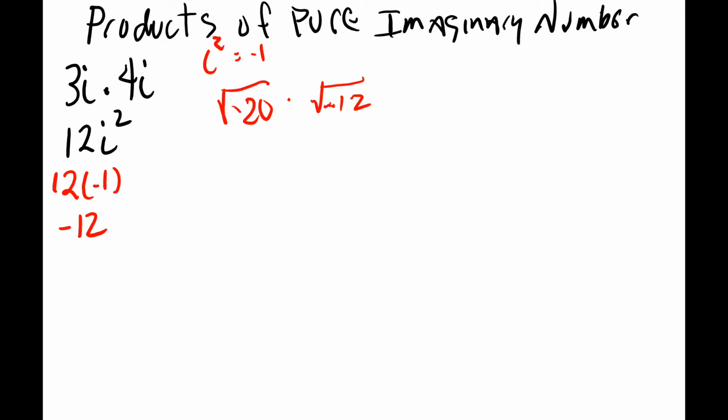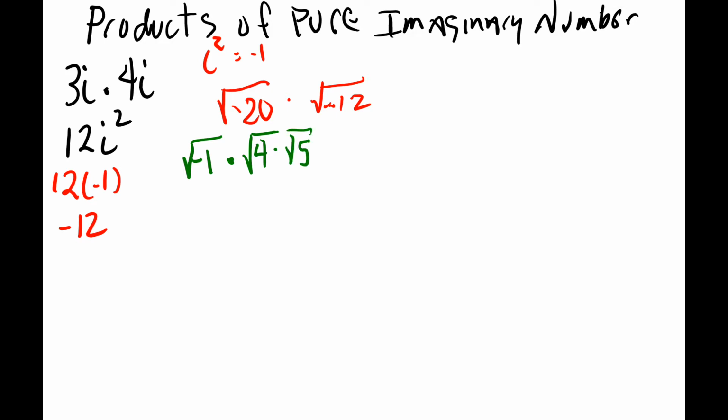Well, I can define the square root of -20 as the square root of -1 times the square root of 20, so I got rid of the negative and got it set by itself. And of course, the square root of -1 is going to equal i. Let's see, 20. I'm thinking about, is there a perfect square inside of 20? Well, 4 times 5 is 20, and 4 is a perfect square. So I've got the square root of 4 times the square root of 5.